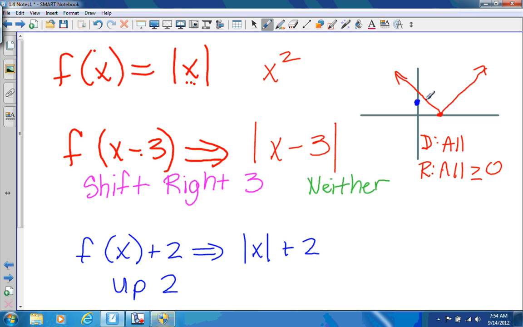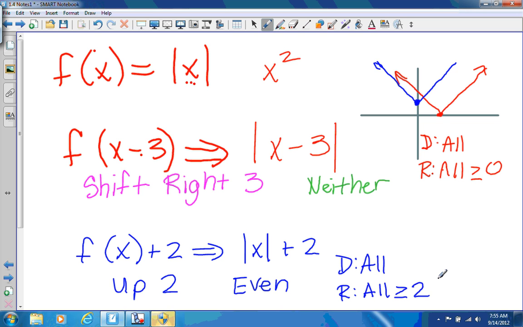Instead of 0, 0 would be 0, 2, and we would still have our v. And it would be up 1 over 1, up 2 over 2, up 1, left 1, up 2, left 2. Now this one would be considered an even function. Domain would be all reals. Range would be all greater than or equal to 2.